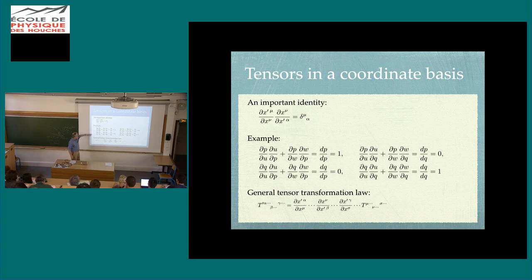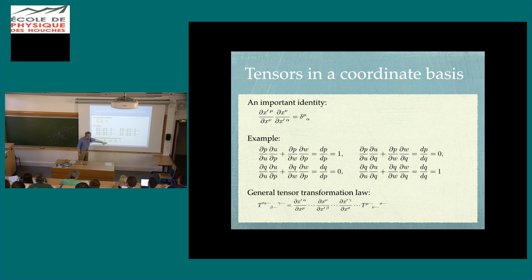And so I'm going to do a general tensor transformation law. These behave almost exactly like the Lorentz transformation and the inverse Lorentz transformation. And so I'm going to simply define a general tensor just like we did for Lorentz transformations.